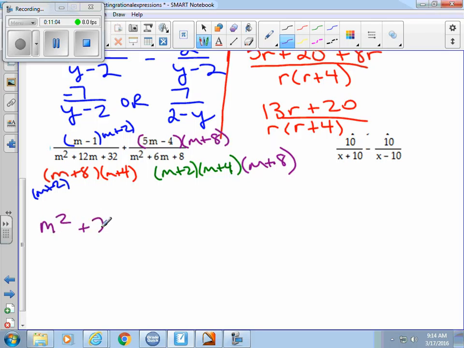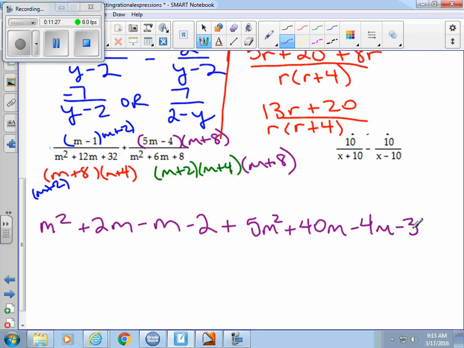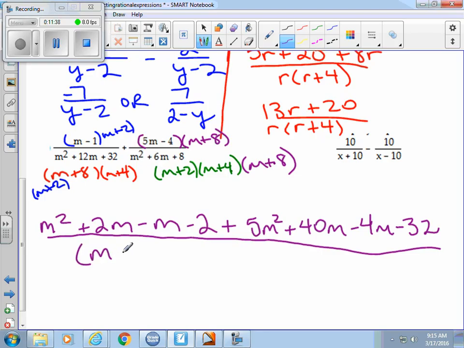M squared plus 2m minus m minus 2 plus 5m squared plus 40m minus 4m minus 32, over the common denominator, which was m plus 2, m plus 8, and m plus 4.